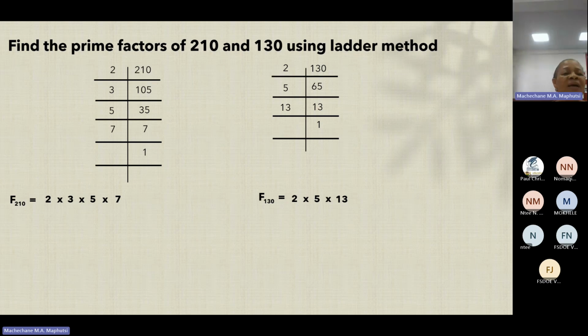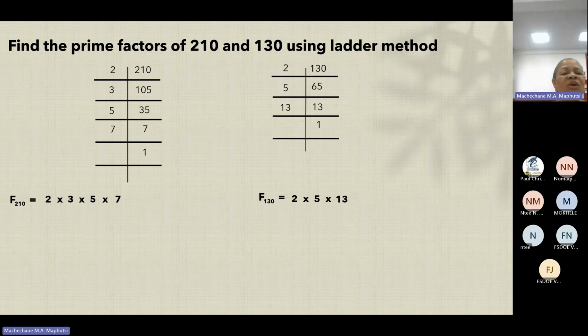Because of the last number, I can't divide by 2 anymore, so I move to the next prime number, which is 3. So we divide by 3. 3 into 105 goes 35 times.